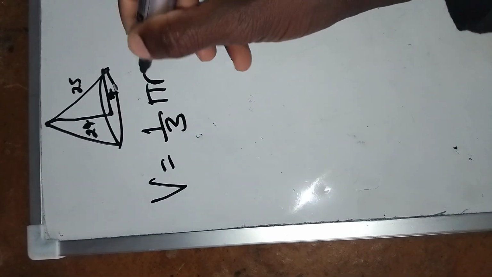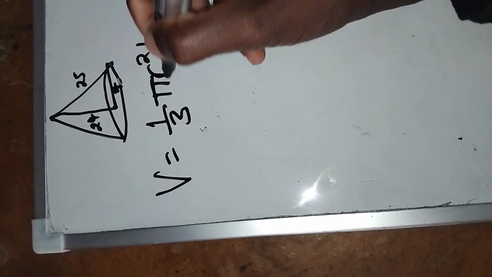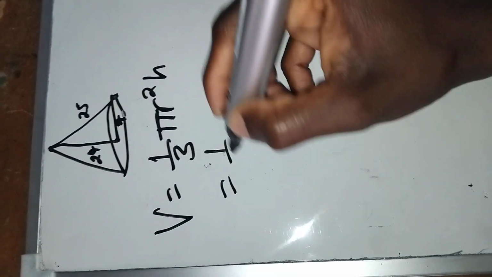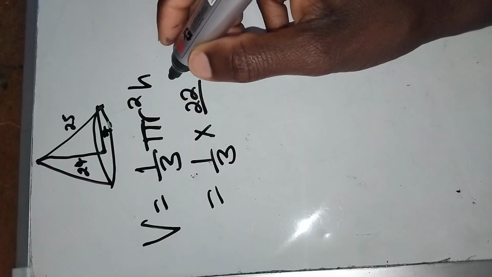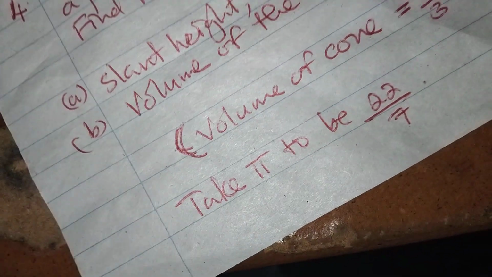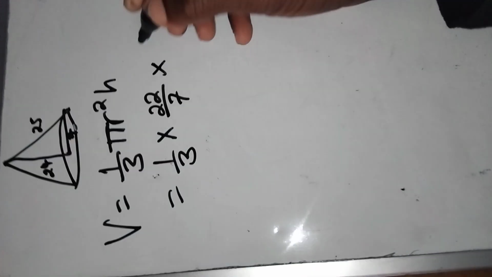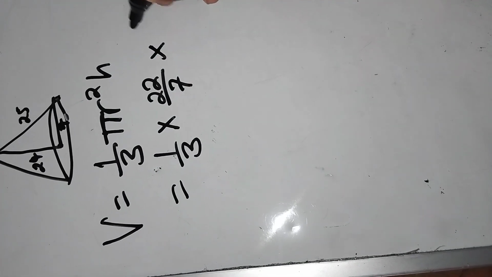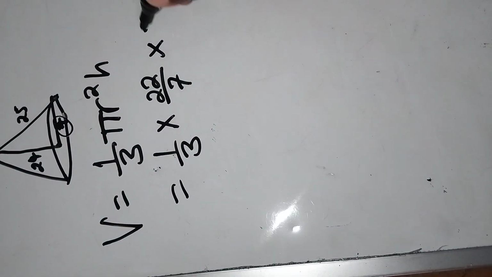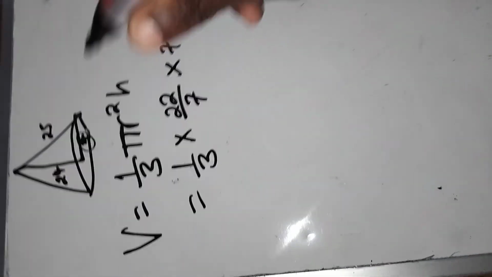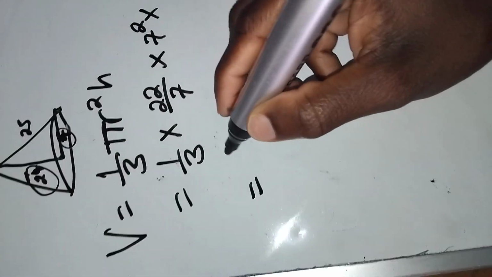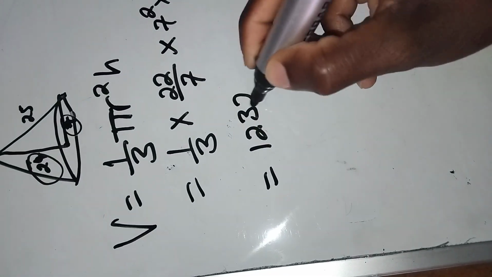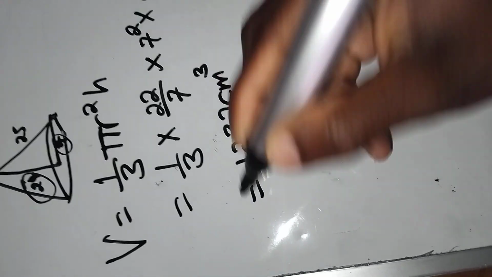So here 1/3 times pi, taking pi to be 22/7, times r squared, where r is the radius 7, so 7 squared, times the height 24. So here when we simplify we get 1232 centimeters cubed as the volume.